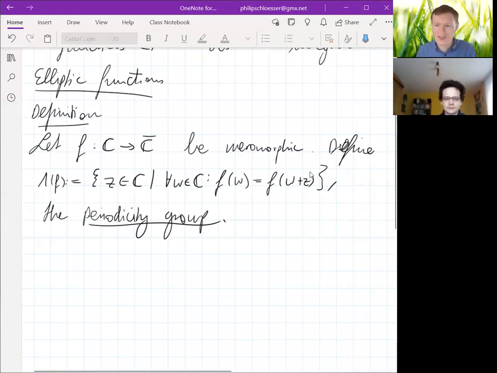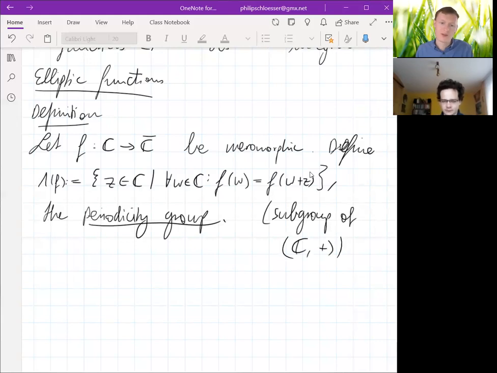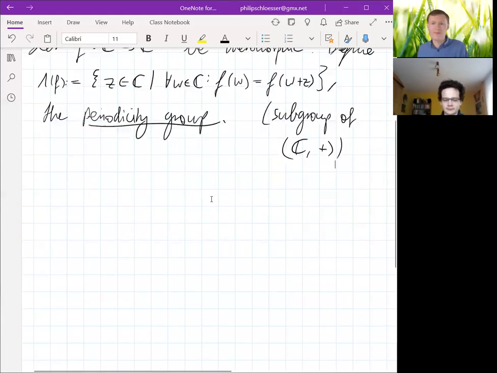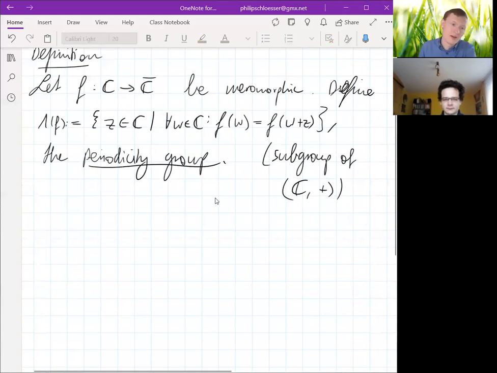And as the name already suggests, it is a subgroup of C with addition. And I guess this periodicity group can actually just have 4 different values, so to speak, for f as before.